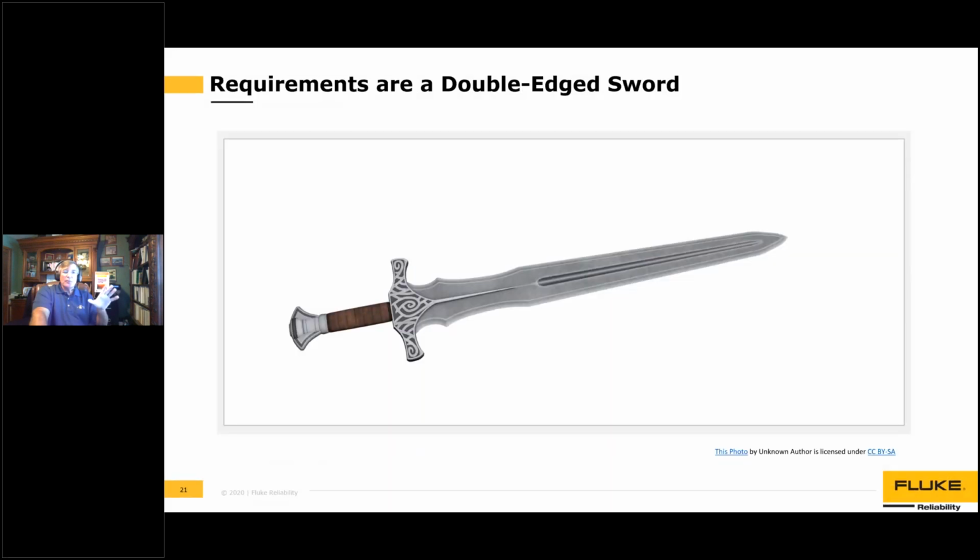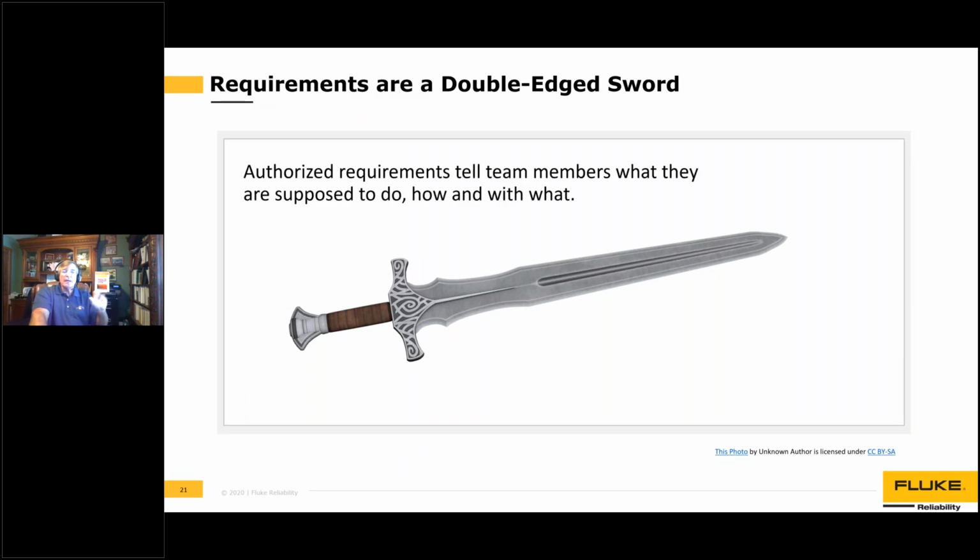Okay, so the requirements, the guidance and assets are what I call a double-edged sword. Once you go from the top half of the model, from define into implement, and those go into a common practice, those authorized requirements tell the team members what they're supposed to do, how they're supposed to do it, and with what.